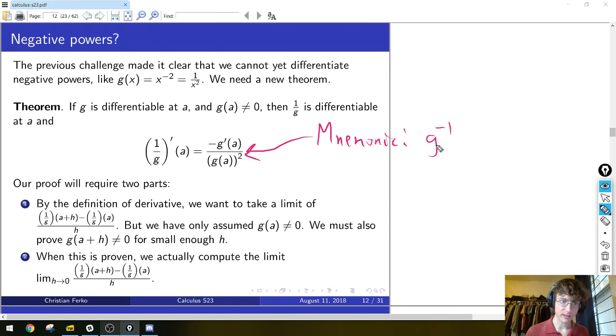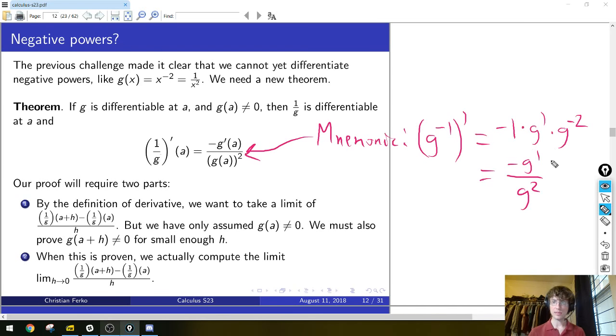Because 1 over g is the same as g raised to the power minus 1. You can think of this as saying, well, we take the derivative of g to the power minus 1, and that's minus 1 times g prime times g to the power minus 2, which is the same as minus g prime over g squared.